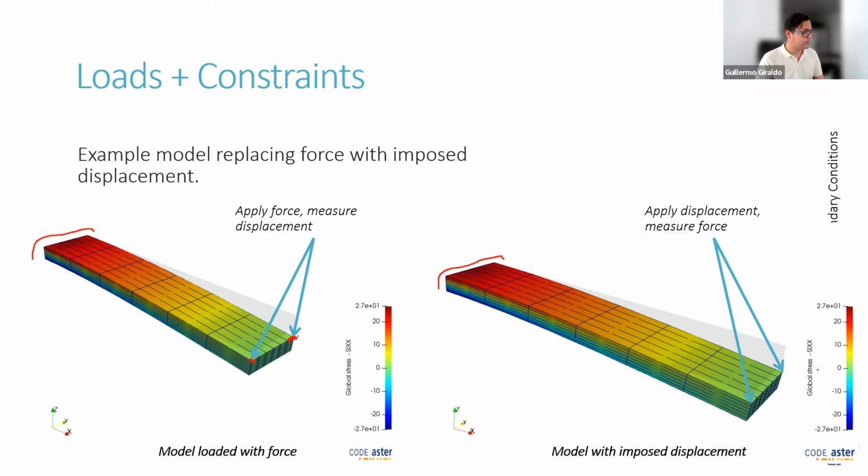And one very important application of this principle, to me, is in nonlinear finite element simulations. Sometimes you apply a force when you have, for example, two parts that are interacting through a physical contact.